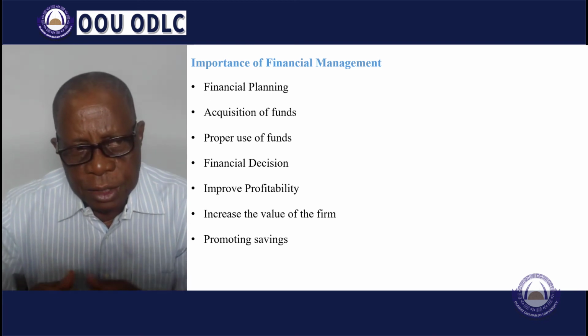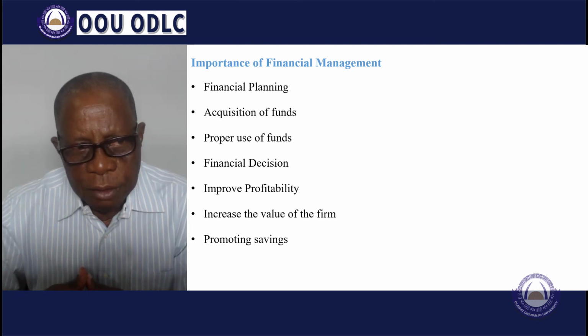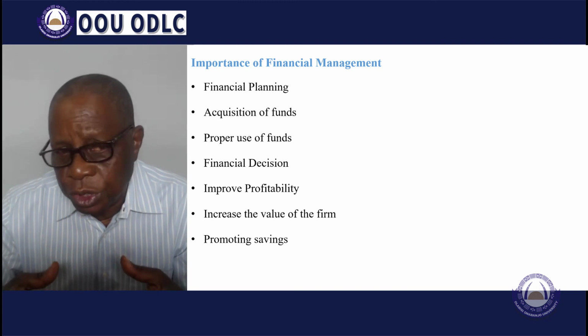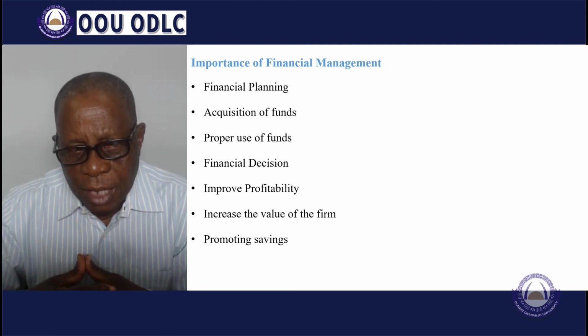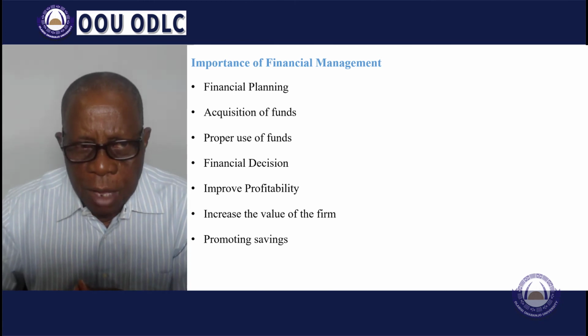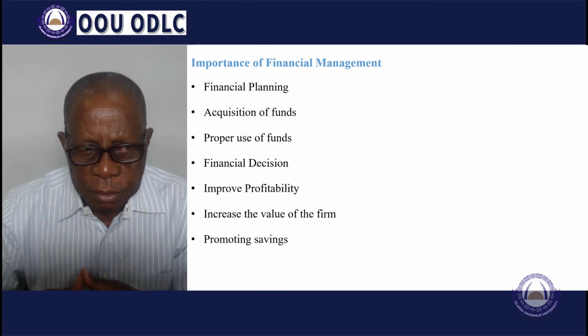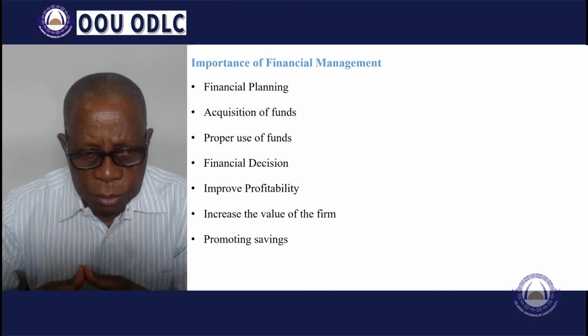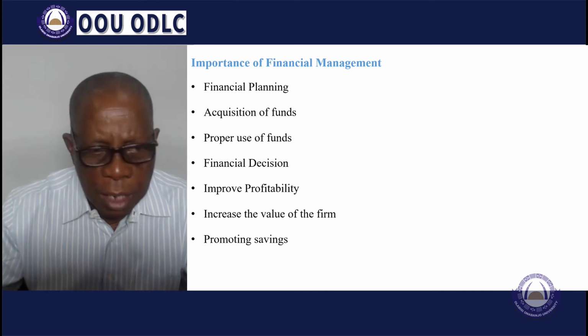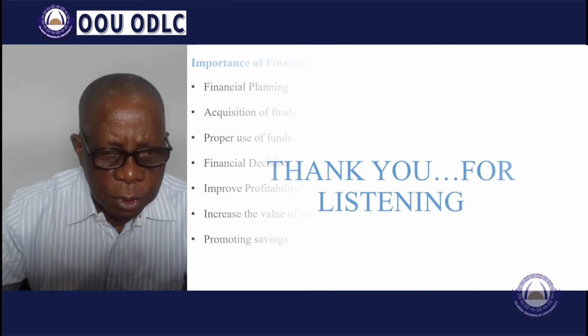These are the summaries. These are things that are necessary in financial planning. Financial planning is very essential. Acquisition of funds that are to be used is very essential. And we need to estimate, by using financial modeling, the proper use of these funds so that we can make appropriate financial decisions. Thank you.